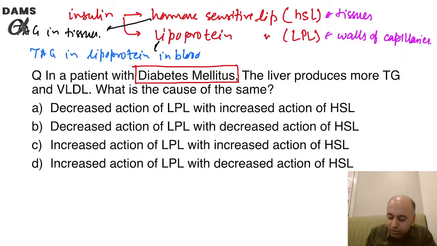As the name tells you, it is a lipoprotein lipase. So within the lipoprotein circulating in the blood, the triacylglyceride is cleaved to release free fatty acid for the use of tissues. Now insulin will activate the lipoprotein lipase, so they deliver this fatty acid to the tissues, and at the same time it will inhibit the hormone sensitive lipase. This is what is happening normally, physiologically.